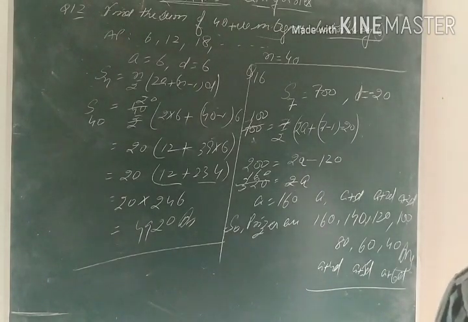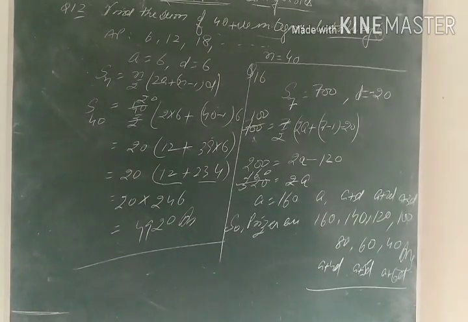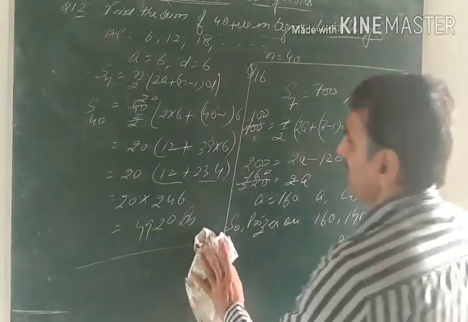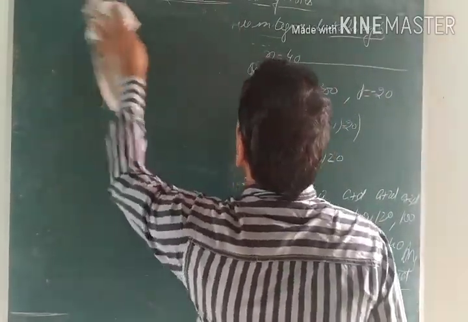And again, the next question, question number 18, a spiral. We have a spiral, and every time its radius is increasing.